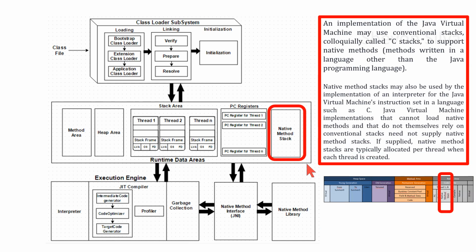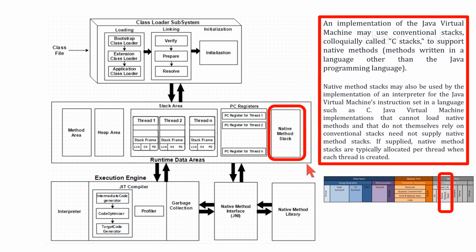Now we are going to discuss the native method stack. An implementation of the Java virtual machine may use conventional stacks, colloquially called C stacks, to support native methods, which are methods written in a language other than the Java programming language.